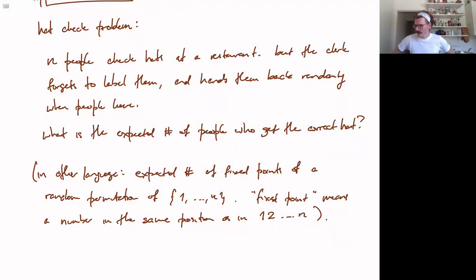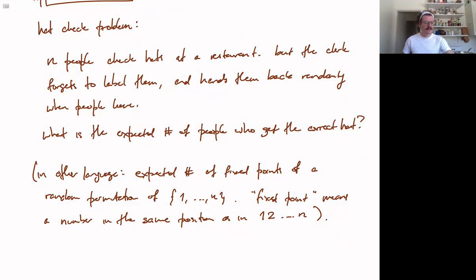So the point is that it's not at all clear how to compute this directly, because the number of permutations, the number of ways to shuffle the hats of these people, is n factorial, which is a huge number. And it's not even clear if there's a good way to write down the number of fixed points of a random permutation.